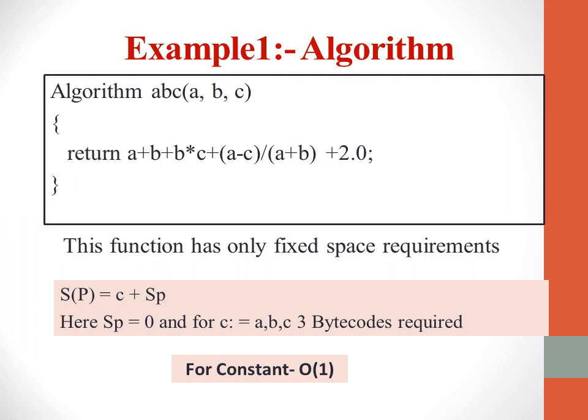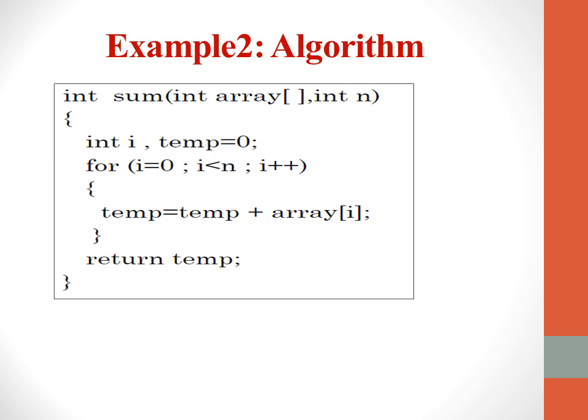Now let us go ahead with the second example. Example 2. This is just code for a summation of int array and int n. The code is written where i goes from 0 to n, then temp equals temp plus array. Now please verify, for identifying the fixed part, how many variables are there.